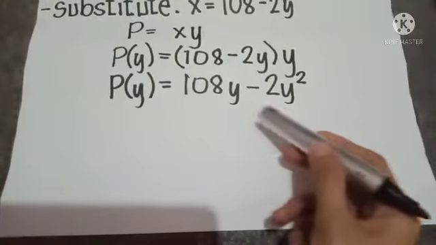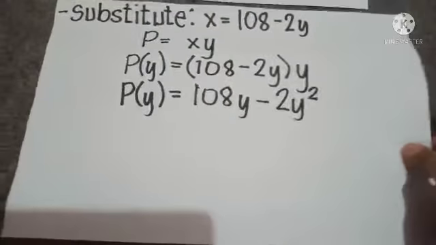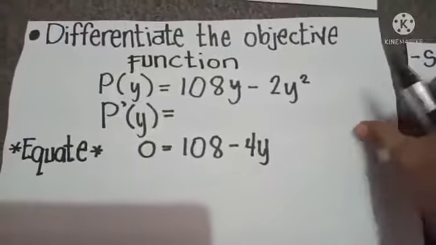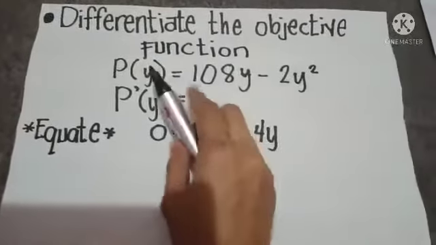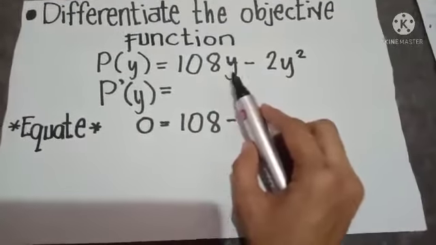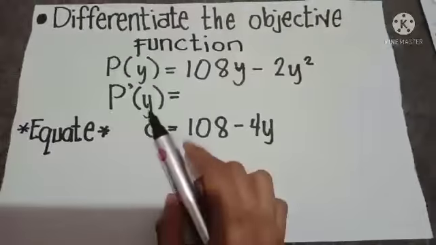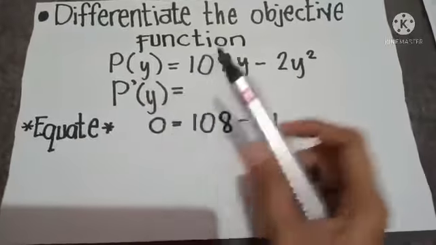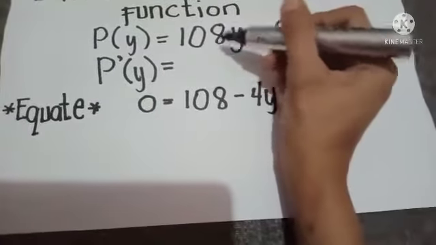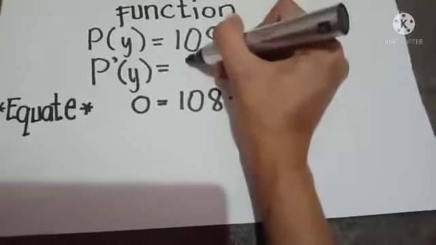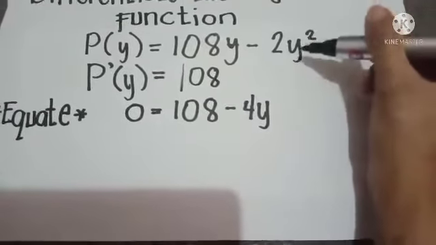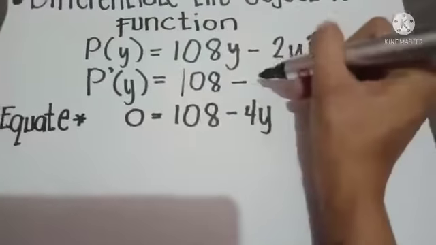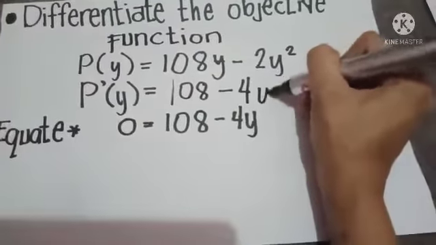From this function, we will find its derivative, or we will differentiate the objective function. So therefore, p of y equals 108y minus 2y squared, the p prime of y becomes the derivative of 108y, which is 108, and the derivative of negative 2y squared is negative 4y.